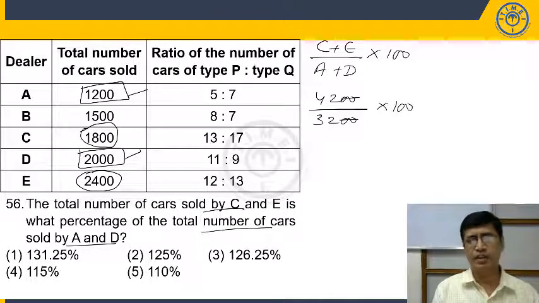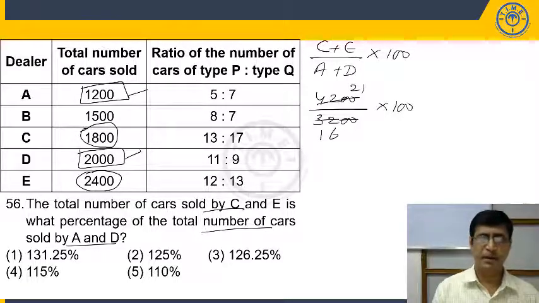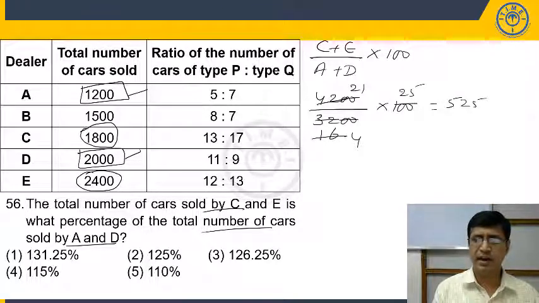Anyhow, the zeros cancel, so you can simplify. 2, of course, 21 times. 2 here, 16 times. Am I right? 2, 21 times. 2, 16 times. 4 goes 4 times. 4 here, 25 times. So what is the result? 525 by 4.